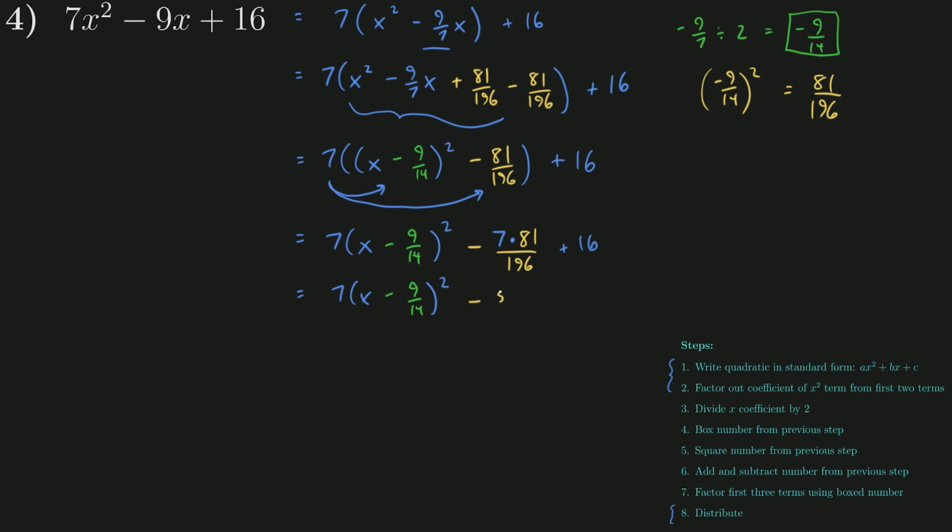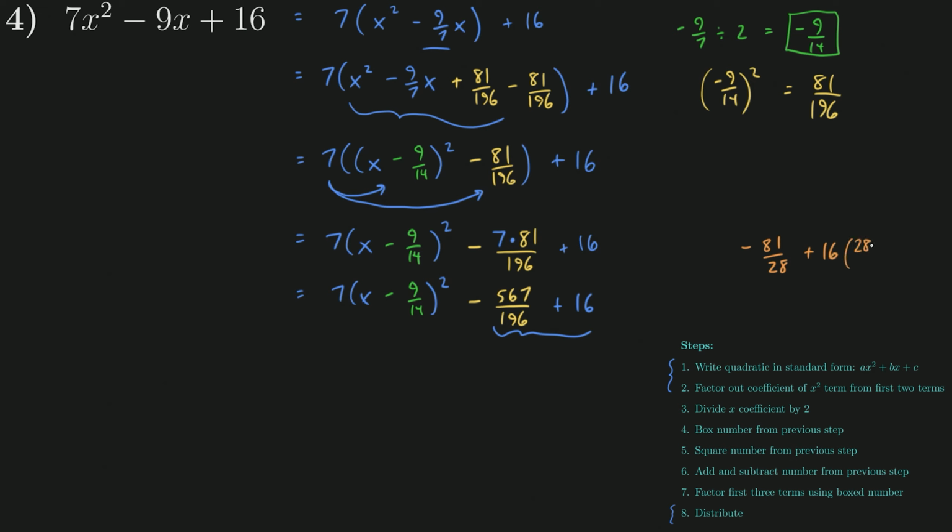minus 567 over 196 plus 16. We'll simplify these fractions off to the side. Negative 567 over 196 reduces to negative 81 over 28, and we add that to 16. We'll get a common denominator here of 28.